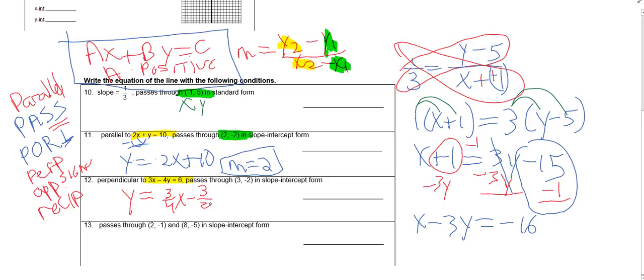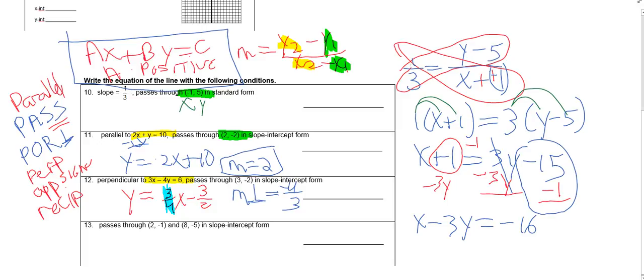And really all you're interested in is this quantity 3/4, because that's the slope of the original line. And setting up, we're going to use that the perpendicular slope is going to be negative 4/3. Okay, and then we'll solve it just like we did in number 10.